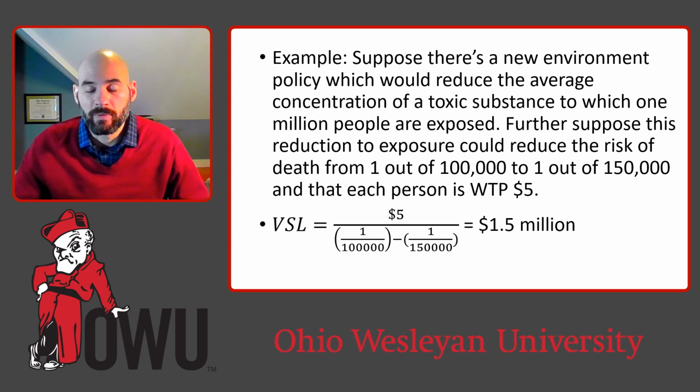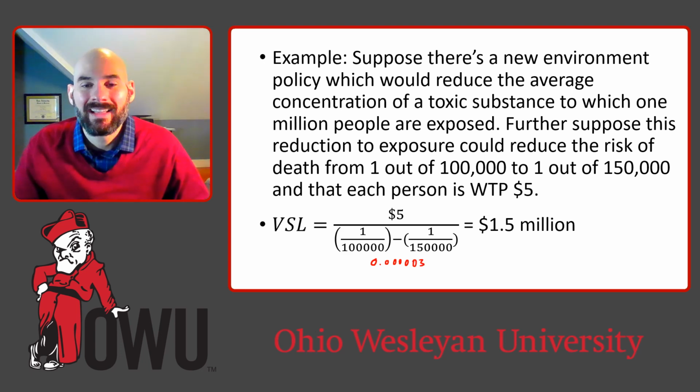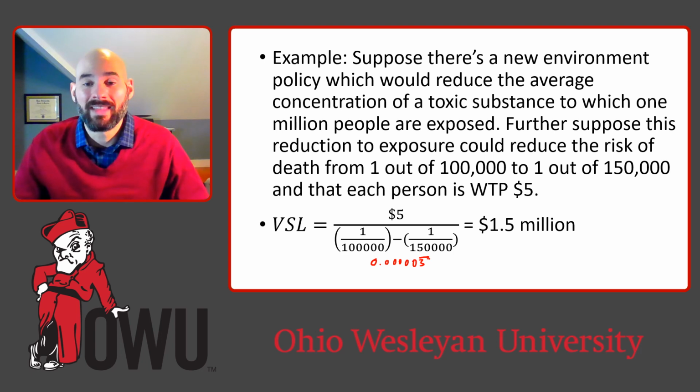So we're going to take the difference between those two. To simplify this, it's 0.00000, is that a 5? It's 3.33 repeating. So when we do that math, we get the value of statistical life in that situation is $1.5 million.